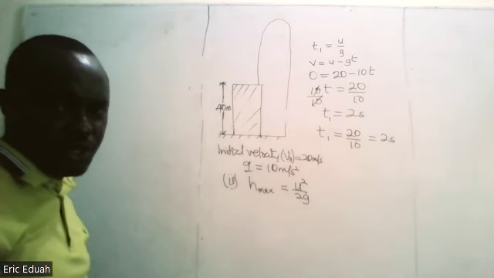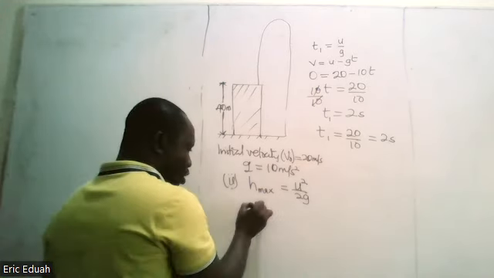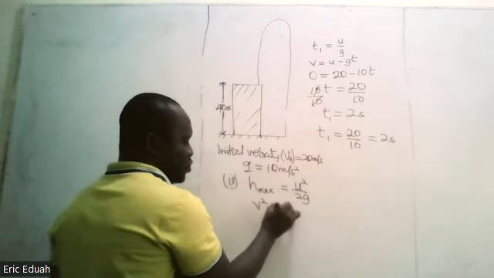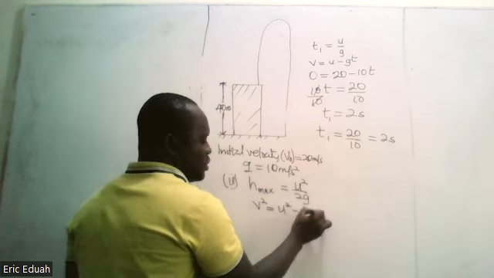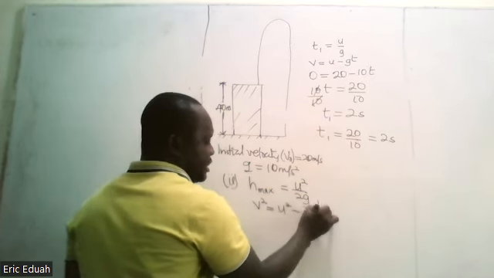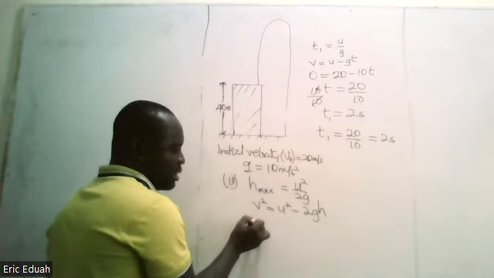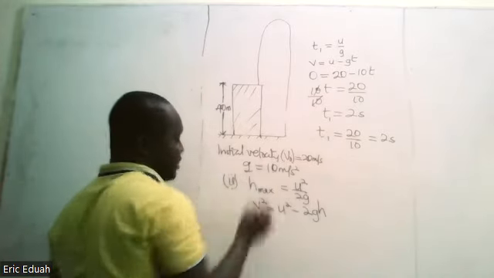U squared over 2g. Or when you use v squared is equal to u squared minus 2jh. When you substitute at maximum height, final velocity is 0.